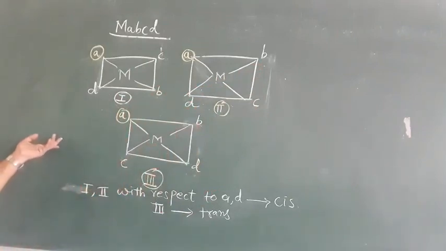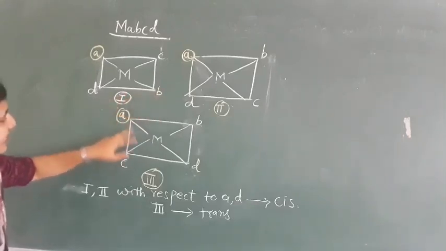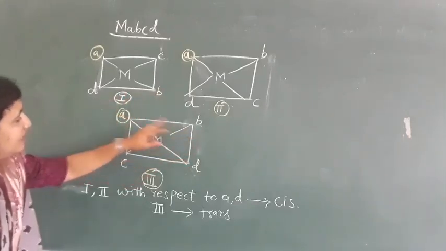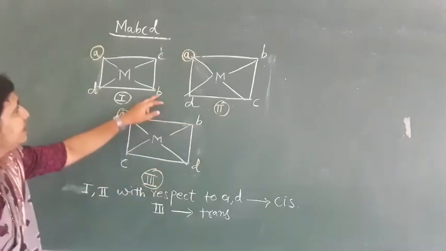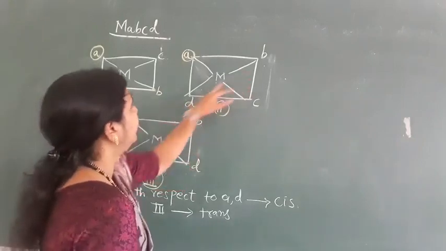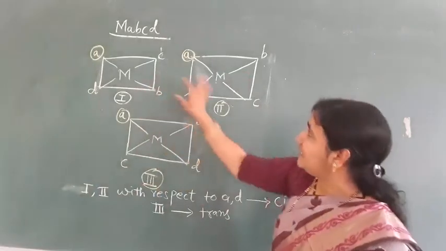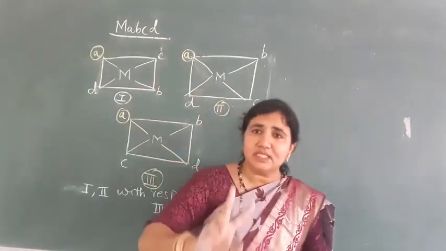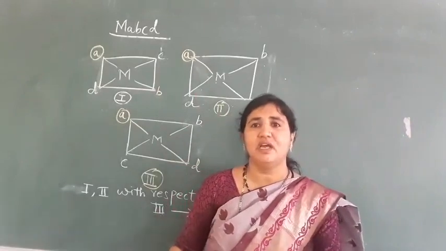Similarly, we can see for B and D also. The first and third, B and D are in cis position, but the second one is in trans position. So in these three structures, two will be cis isomers and one will be the trans isomer with respect to any one pair.